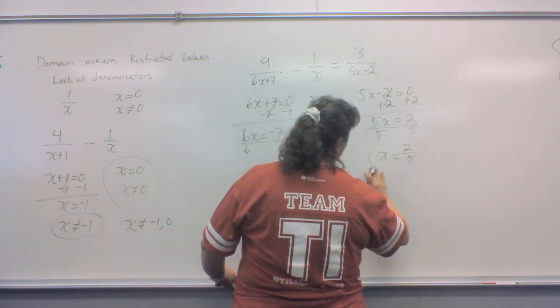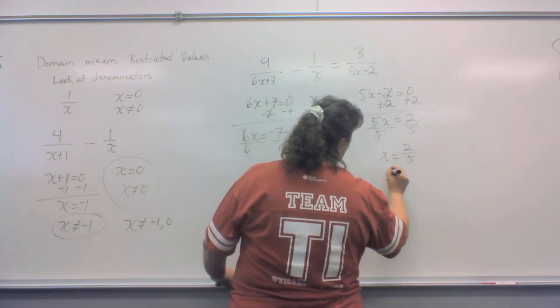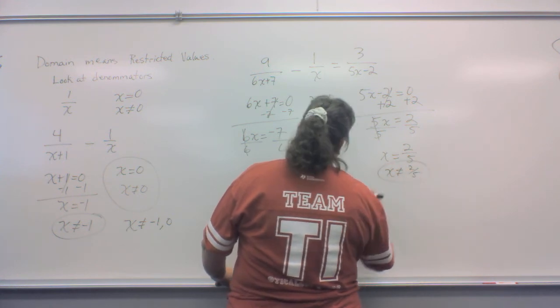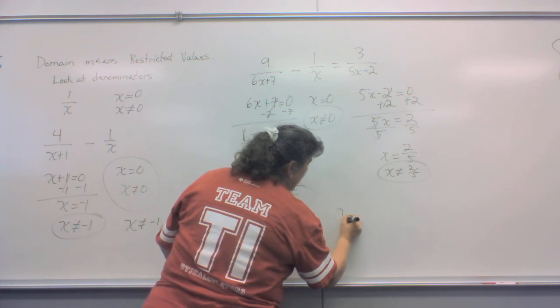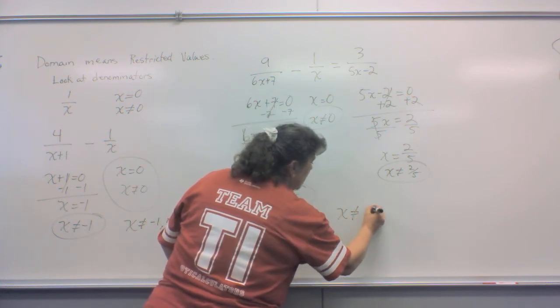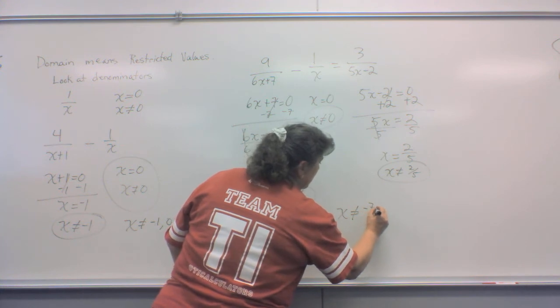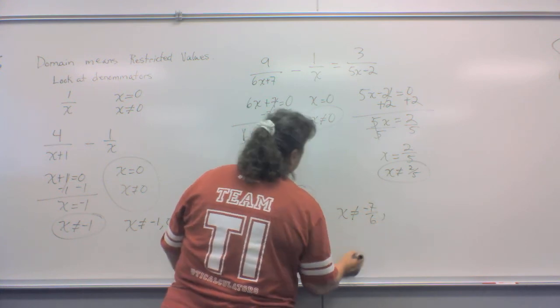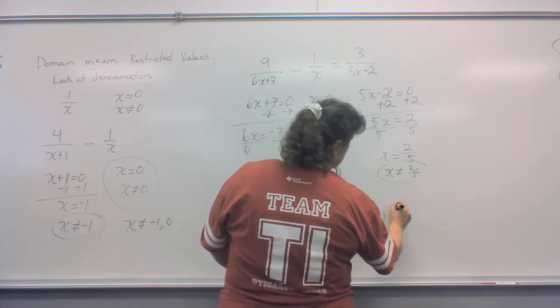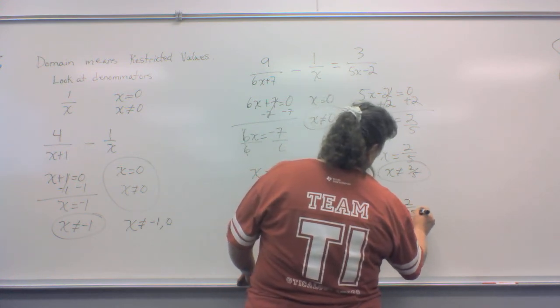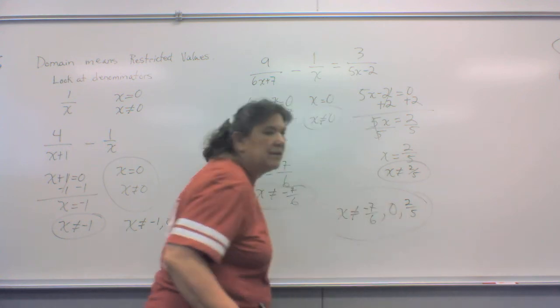Same thing here. x cannot equal 2/5. So, what do I have? x cannot equal, and the order really doesn't matter, but I usually try to write them in ascending order: negative 7/6, 0, and 2/5. Those are your three restricted values.